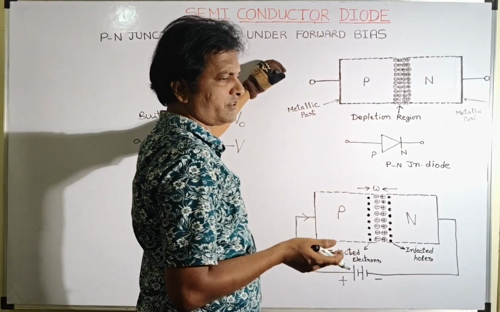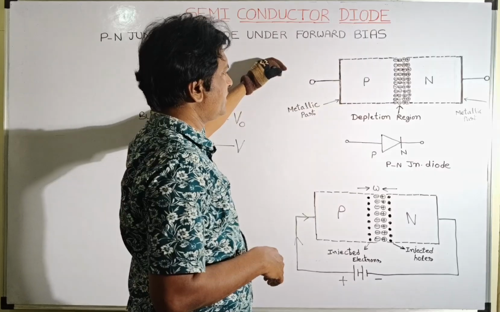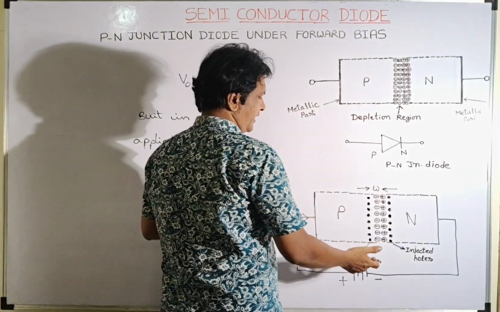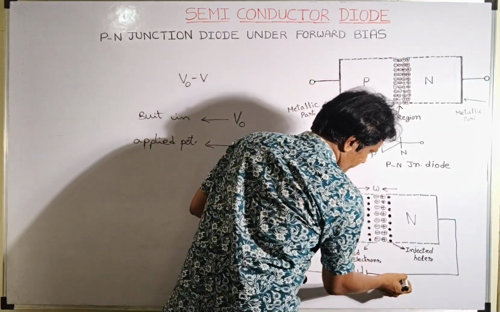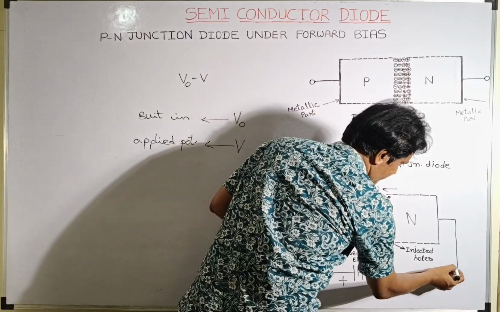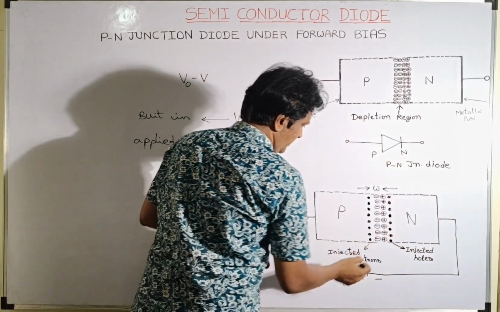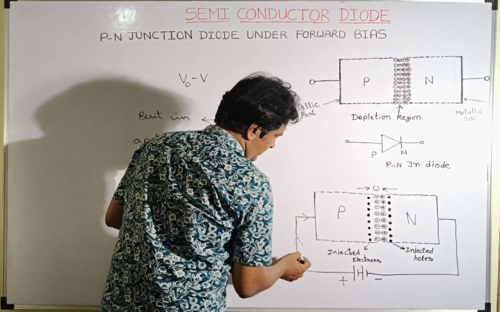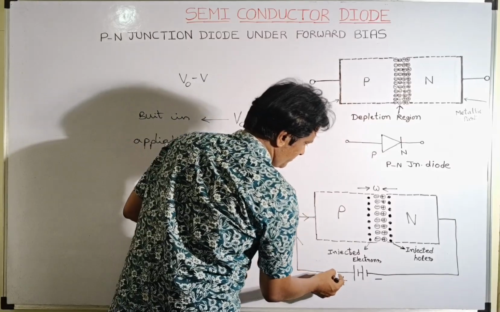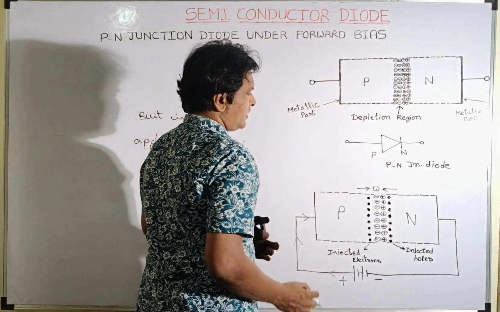So what happens after applying the potential? The electron flow is denoted like this, and the conventional current is denoted in this direction with this arrow.